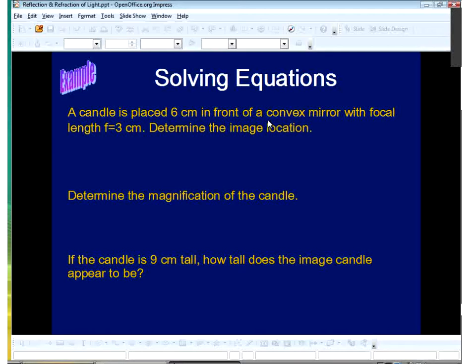Okay, plus 2 means to the right. Convex mirror is a reduced image case, so 1/3 should be fine. It is an upright case, so it should be plus 1/3.